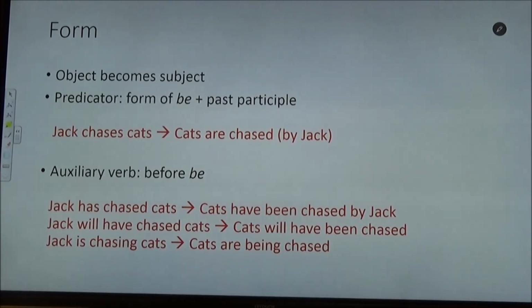"Left was turned. Left is turned by her." That's not possible. So when there's no object, but maybe an adverbial, no passive is possible. Because there's no one who undergoes an action, right? So you can't make that the subject of the passive sentence.